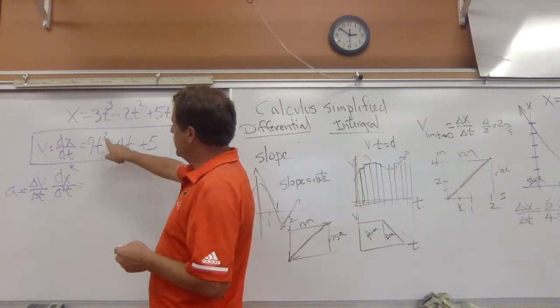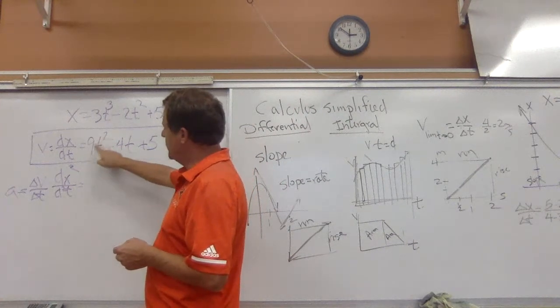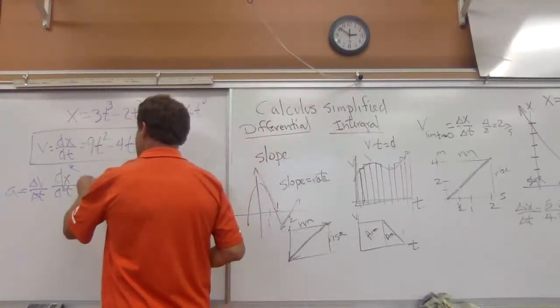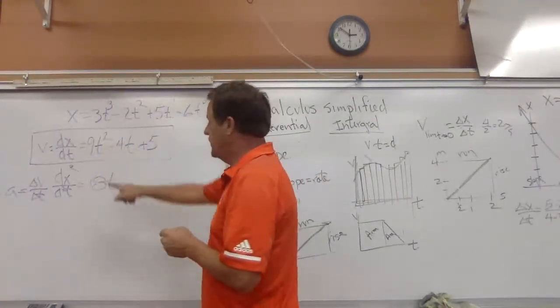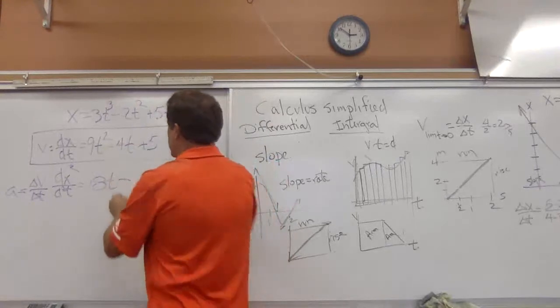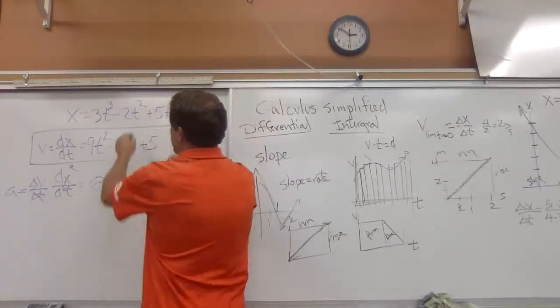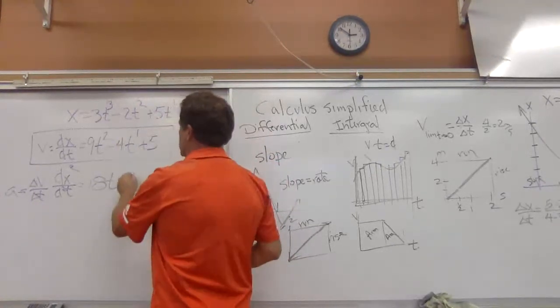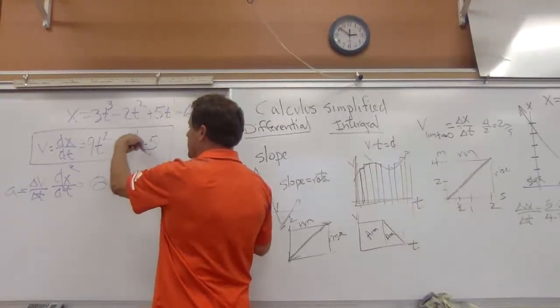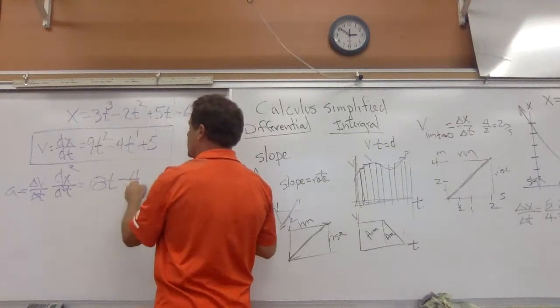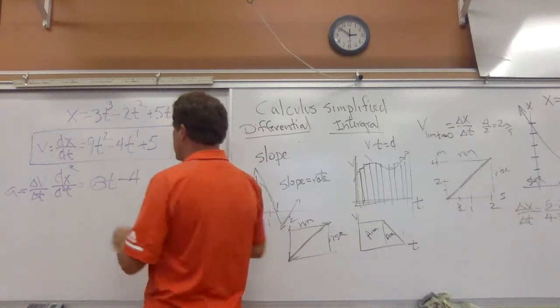So now we're going to take the differential of this. That would be 2 times 9, which would be 18t to the 2 minus 1, which is just 1. So that's 18t minus, remember there's a 1 there, so 1 times 4 is 4t to the 1 minus 1, which is 0, so that's just going to be 4.